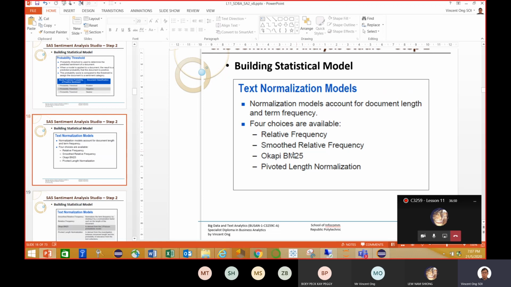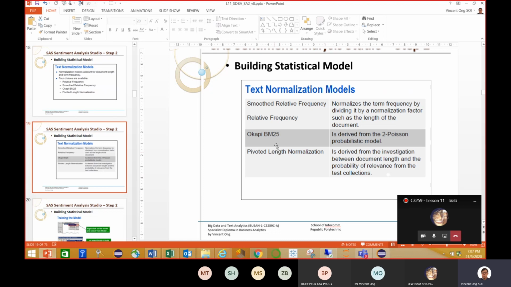So let me explain a bit of the models. The first two, smooth relative frequency and relative frequency, are based on weighted frequency: normalize the term frequency by dividing by a normalization factor. This one is based on the Poisson distribution. If you learned statistics, the Poisson distribution calculates the probability of the occurrence of an event within a specific time period.